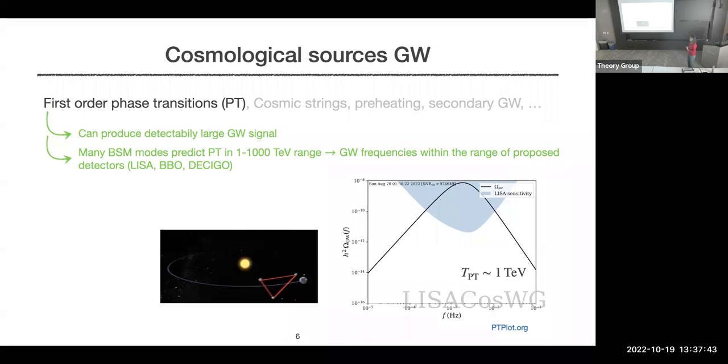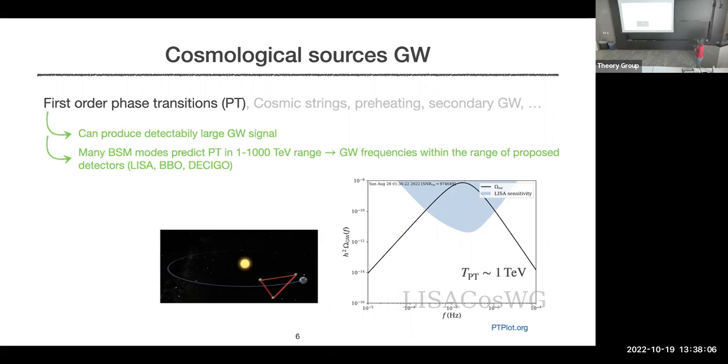So they're good sources of gravitational waves. Also, many BSM models predict phase transitions in the multi-TeV range, which nicely falls within the frequency range of many upcoming gravitational wave experiments. For example, here I'm showing a sensitivity plot of LISA as a function of frequency.